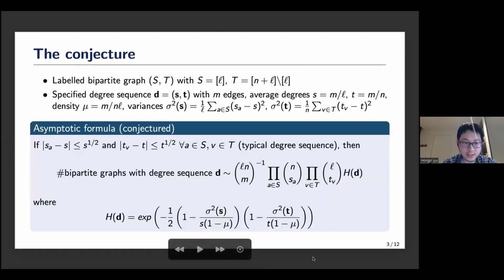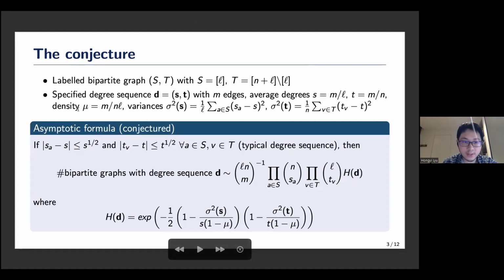And here's the conjectured asymptotic formula in the bipartite case. I'd like to first take you through the notation. It's just very standard ones. We'll let S and T denote the two sides of the bipartite graph, and the cardinalities of S and T are L and N respectively, and denote the degree sequence by D, and the number of edges by M. We also denote the average degrees by s and t.